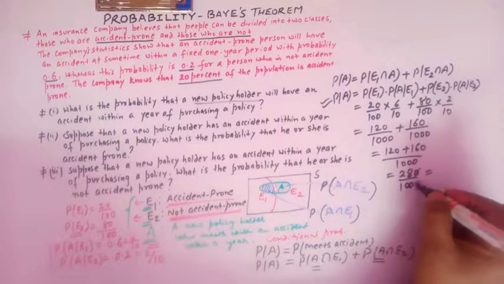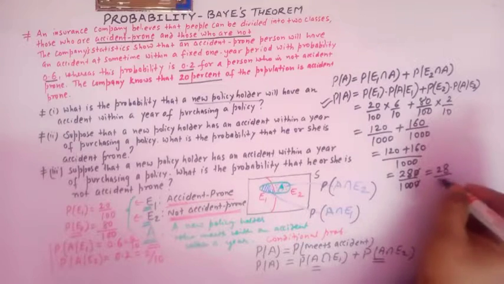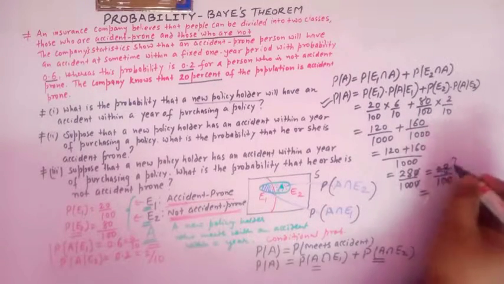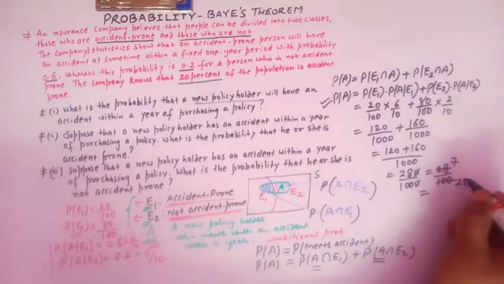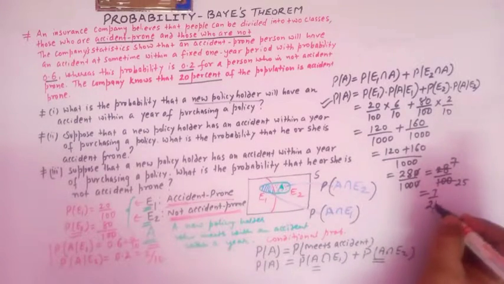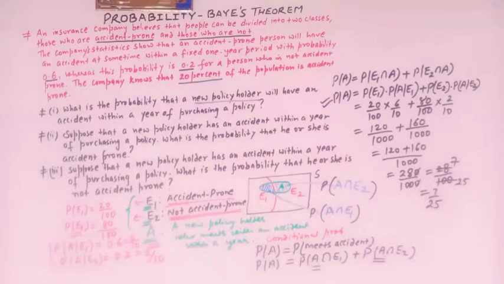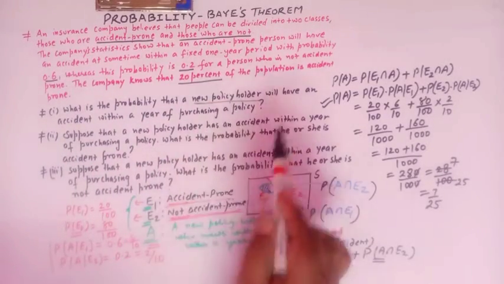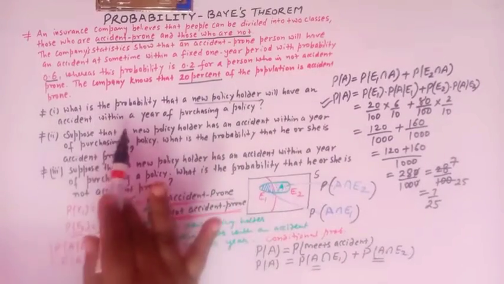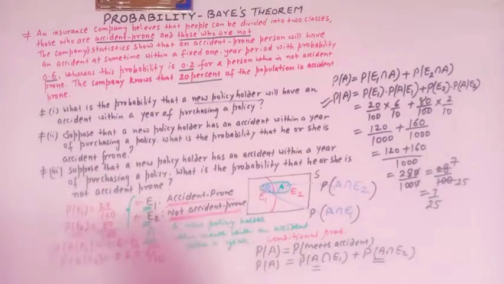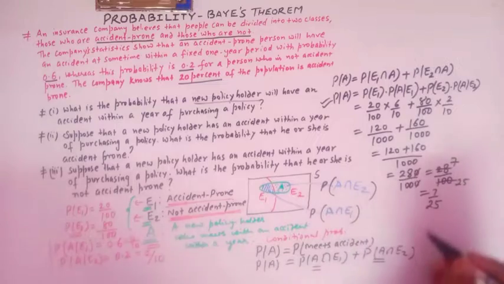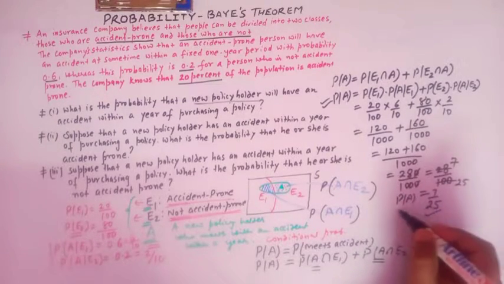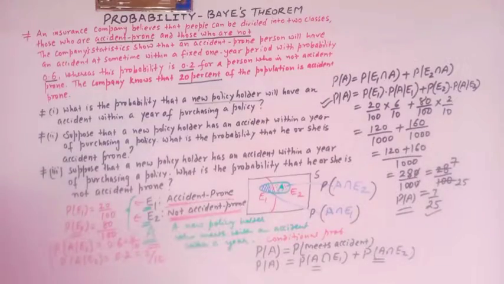The zero gets cancelled, we have 28 over 100, which is equal to 7 over 25. So the probability that a new policy holder will have an accident within a year of purchasing a policy is 7 over 25.